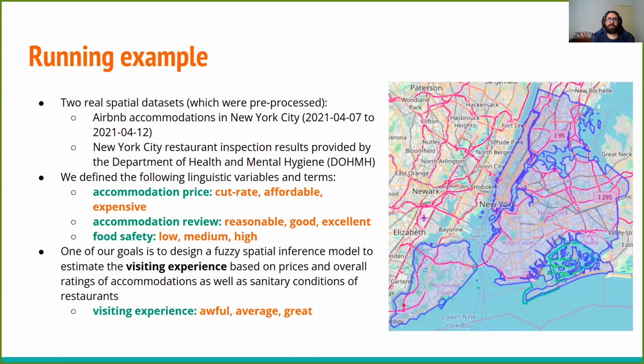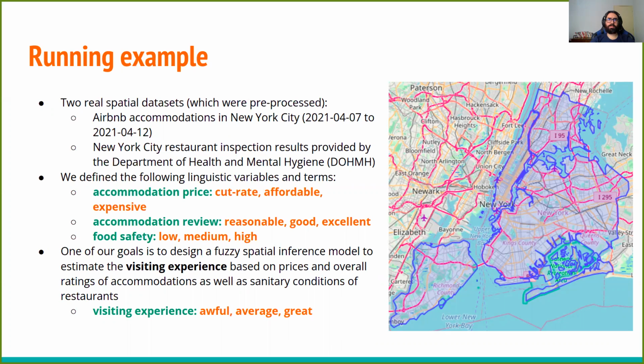To illustrate how FSR works, we build up a small application based on two real spatial data sets, Airbnb accommodations in New York City and New York City restaurant inspection results. Each dataset contains crisp point objects labeled with several alphanumerical attributes.